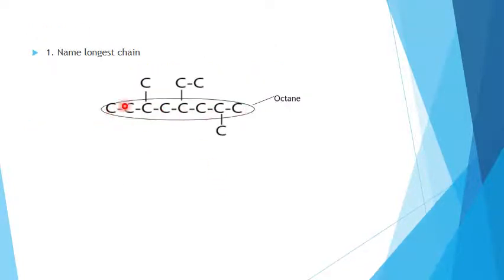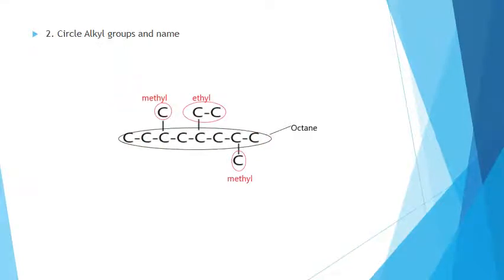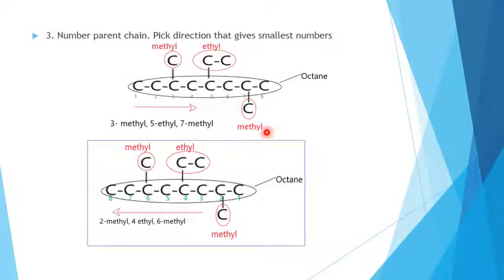Next thing you want to do is number it. So you can number it left to right or right to left. What you do is you label the side groups: methyl, ethyl, and methyl. And then we number them 1, 2, 3, 4, 5, 6, 7, 8. Again, if you go left to right, the methyl comes off at 3, ethyl at 5, and methyl comes off at 7.